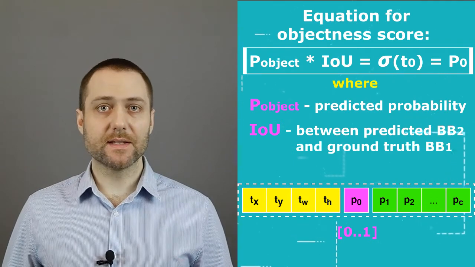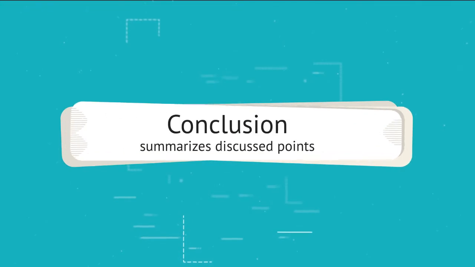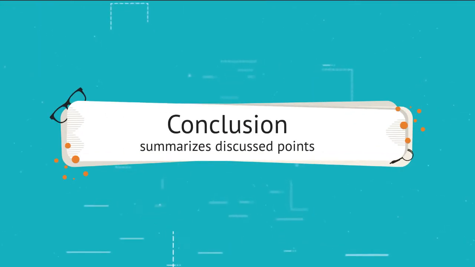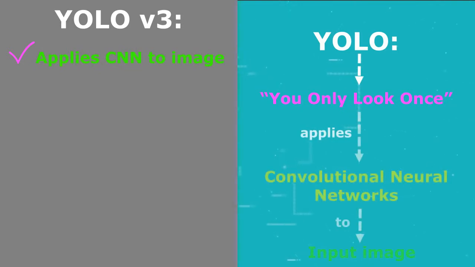To summarize this lecture, let's move to the final topic. We discussed all major points of how YOLO version 3 works. Now we can come back to the definition and update it, giving more details. YOLO version 3 applies convolutional neural networks to the input image.